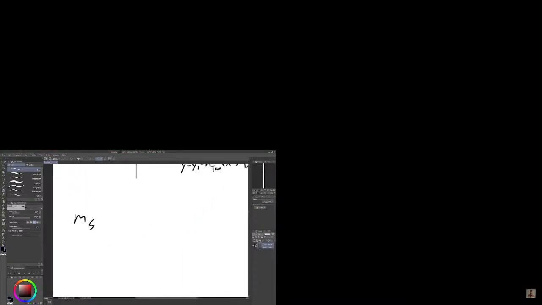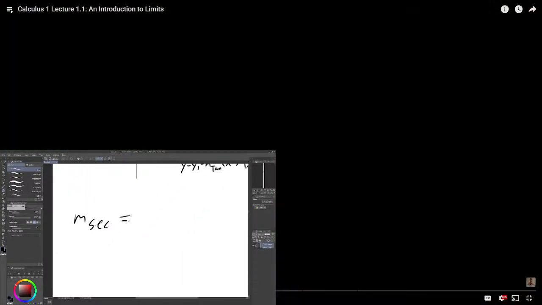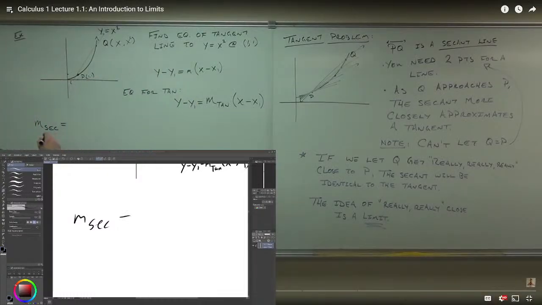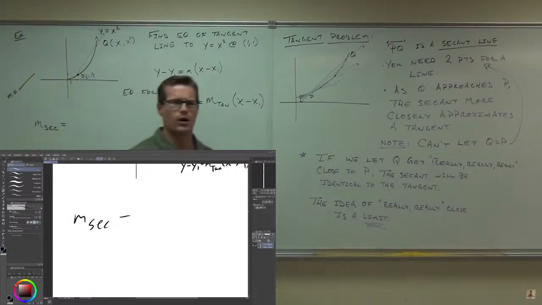Our specific secant. Hey, by the way, do you remember the slope formula in general? y minus y sub 1 over x minus x sub 1. Is that the slope formula, Nick? Can you fact check? I believe so, yeah. Or y sub 2 minus y sub 1, that's interchangeable.